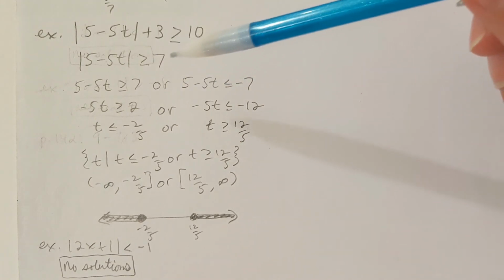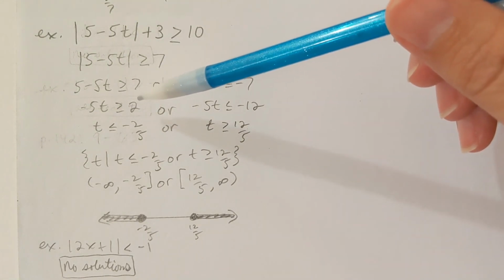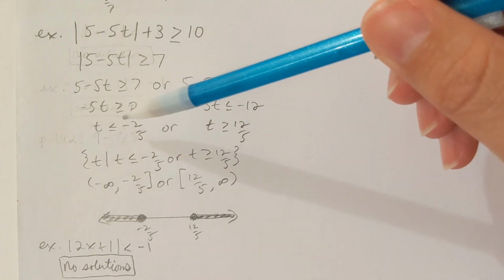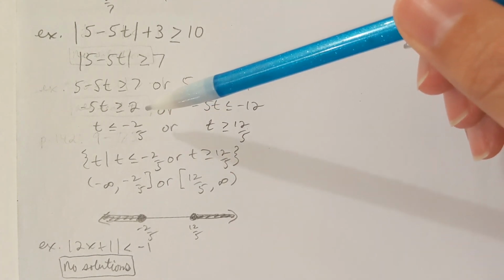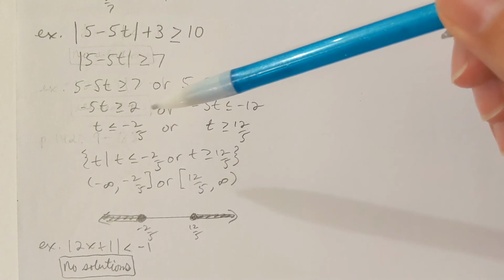If I solve this for t, subtract 5, negative 5t greater than or equal to 2 means that t, and I'd switch the sign since I've divided by a negative, t is less than or equal to negative 2/5.